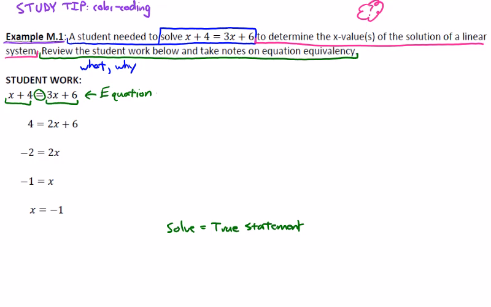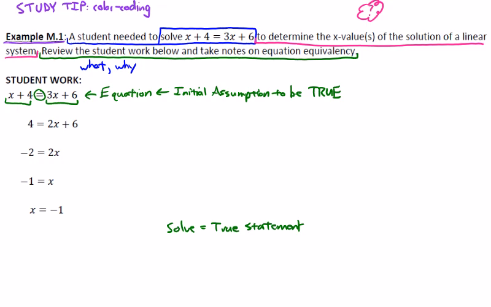So for this equation, we make an initial assumption that our given equation is in fact true. There's no way around that. We have to make that assumption at the beginning. So now we're going to check each subsequent equation to see if it's equivalent.